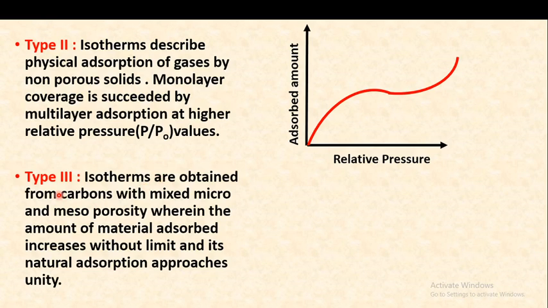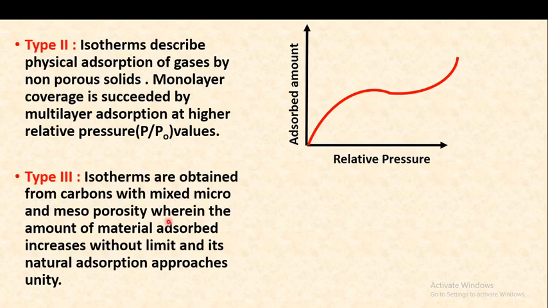Next is the type third. What happens in the type third? The isotherms are obtained from carbons with mixed micro and mesoporosity. The activated carbon acts as an adsorbent with mixed micro and mesoporous structure.